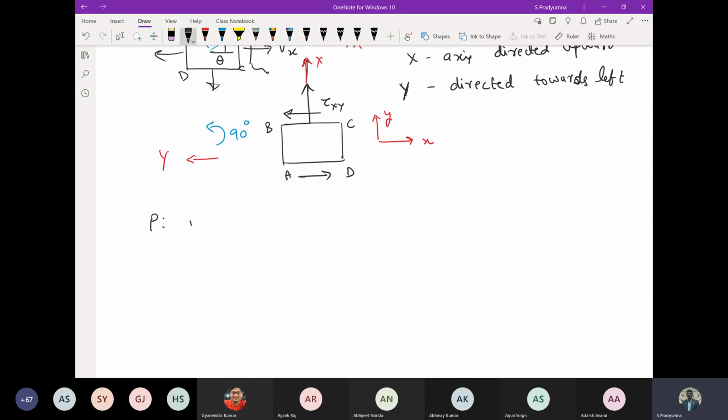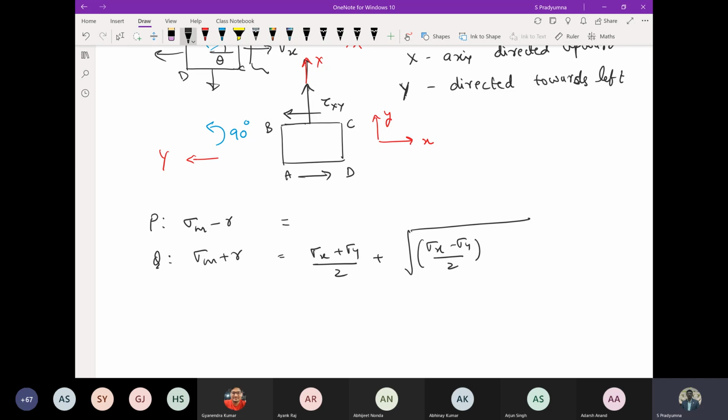So sigma m plus r is equal to sigma x plus sigma y by 2 plus square root of (sigma x minus sigma y by 2) square plus tau xy square, and P is sigma x plus sigma y by 2 minus square root of (sigma x minus sigma y by 2) square plus tau xy square.